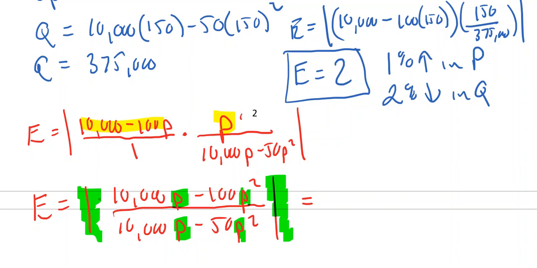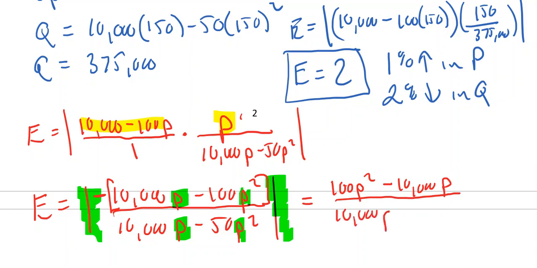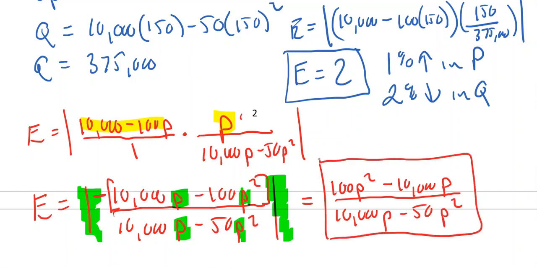So multiply the numerator through by a negative, and what that's going to do is give you the opposite signs, which would be 100p squared minus 10,000p all over 10,000p minus 50p squared. So this is the way they would want to do it to answer it in Mobius. All right, so that is an introduction to price elasticity.